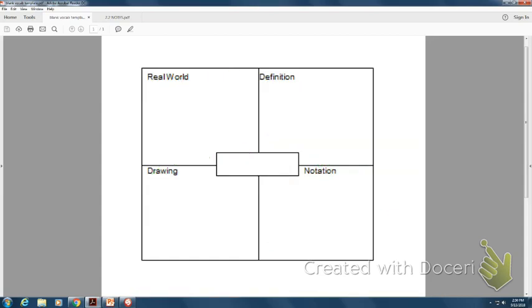Gotcha. Okay, next one, review from last class. Postulate. What is a postulate? We talked about it last class with Euclidean and non-Euclidean geometry. What was the postulate? A statement that is taken as true without proof. Awesome.